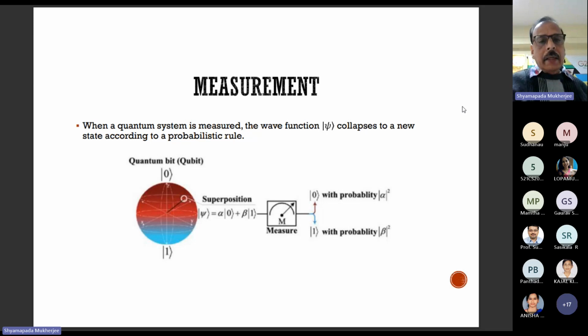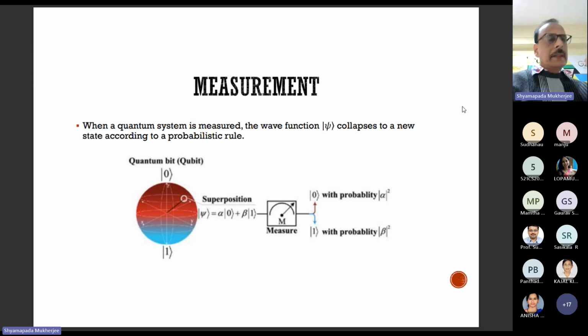Now you see, what is a qubit? A qubit is psi equal to alpha|0> plus beta|1>, where |0> and |1> are the two vectors in the Hilbert space, vector space, and alpha and beta are complex numbers. This is a qubit. But when you measure it, it will not be a mix of 0 and 1. It will be either 0 or it will be 1.